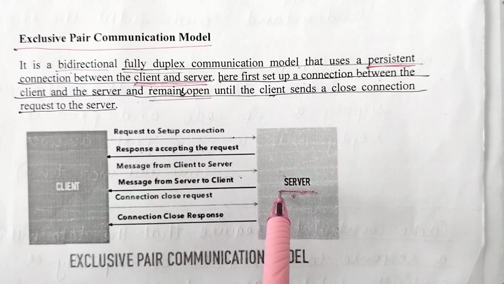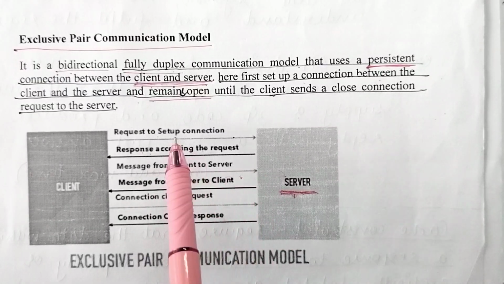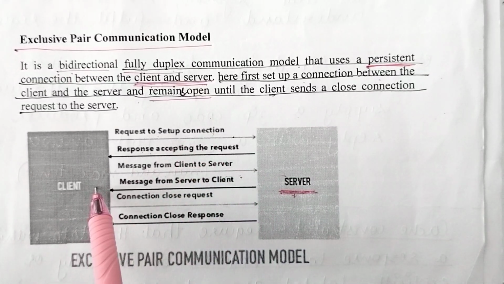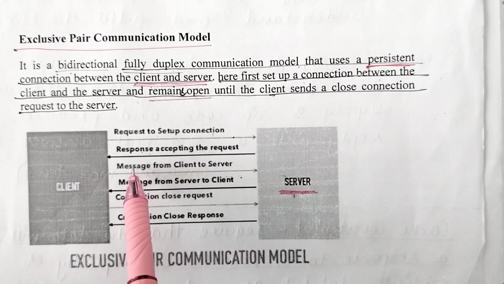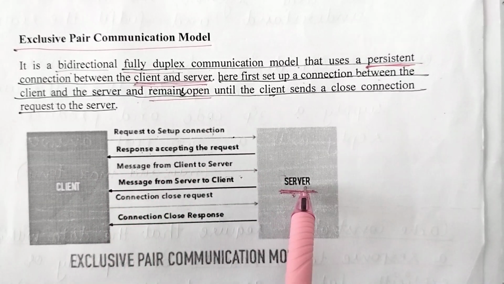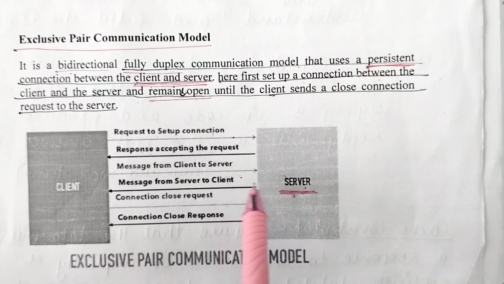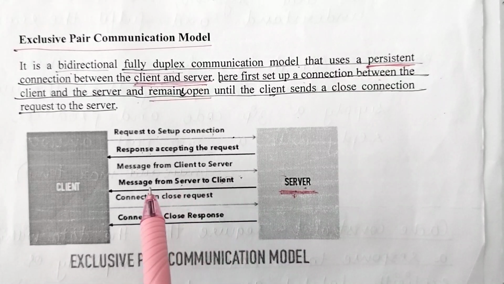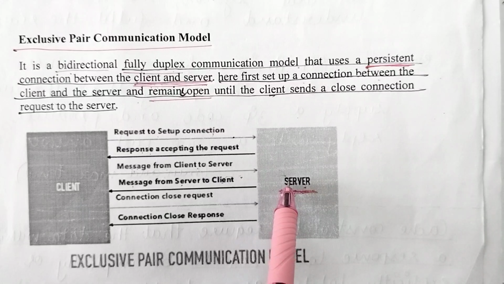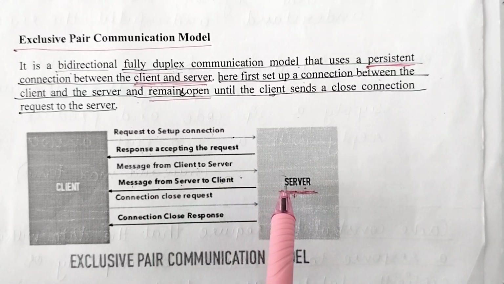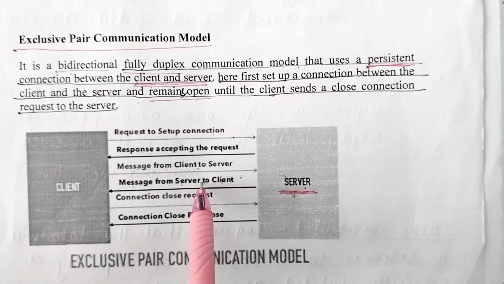Once the client knows that the server has accepted its request to set up the connection, the client will send a message to the server. So in the third step, a message goes from the client to the server, and in the fourth step, a message goes from the server to the client. The message from the client is usually the request for a particular data, and the message from the server is the response to that particular request.